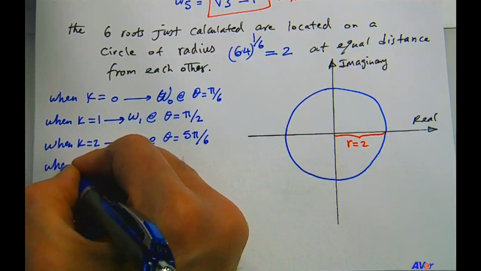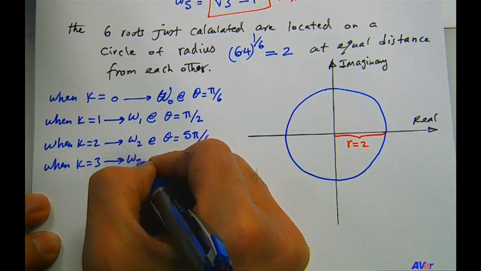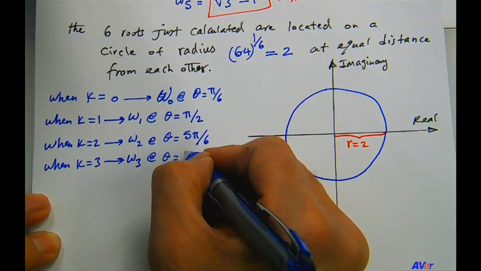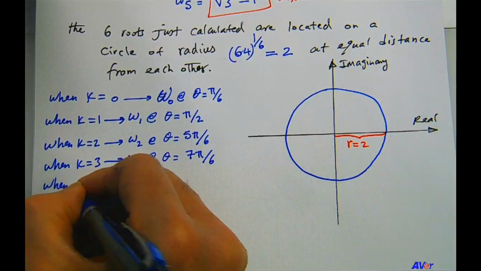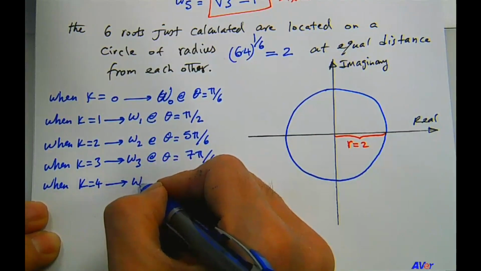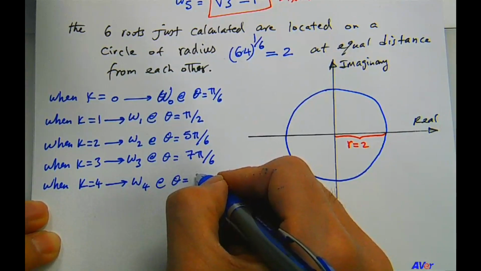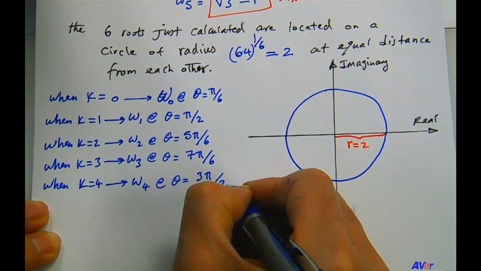When k was equal to 3, W3 happened at theta equals 7 pi over 6. When k equals 4, W4 happened at theta equals 3 pi over 2.